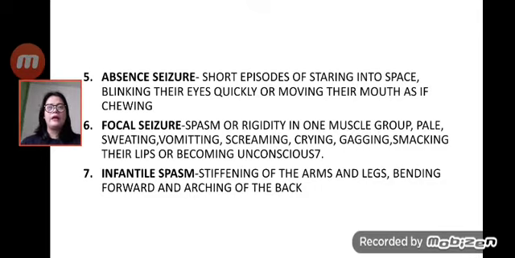These are the different signs of seizure, wherein sometimes they mistakenly identify this one as not seizures, okay? So if in case that the mother had experienced this kind of movements of her infant, please instruct the mother to observe the baby thoroughly.